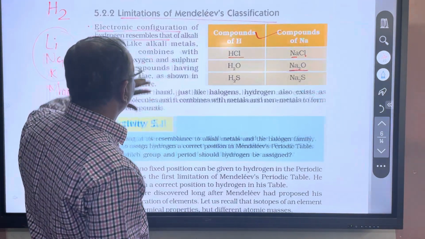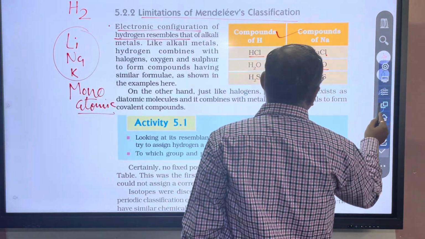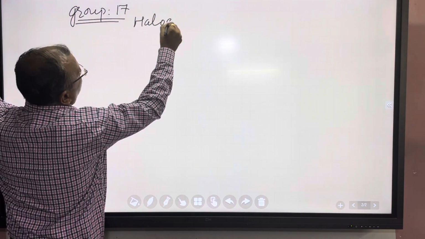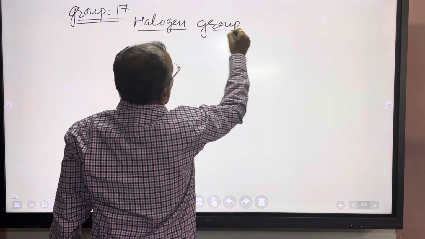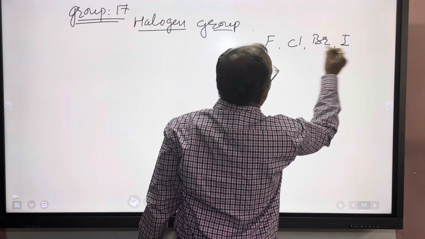Next, friends, where is hydrogen to be placed? The next point is about group 17. Group 17 is the halogen group, friends, and the halogen group consists of four important elements: fluorine, chlorine, bromine, and iodine.